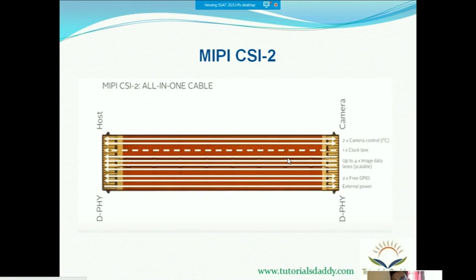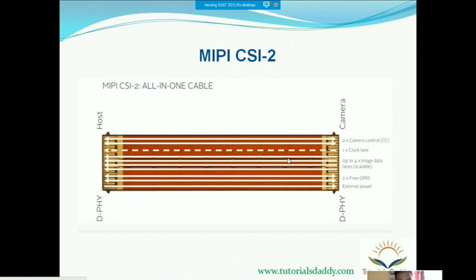So let's understand now what exactly is the MIPI CSI interface, what is there in the MIPI CSI cable. The MIPI CSI cable is an all-in-one cable which connects our camera sensor to the SoC, with multiple functions inside it. MIPI CSI is nothing but a combination of physical lines used for multiple purposes.